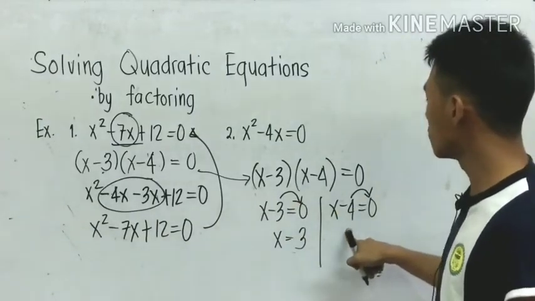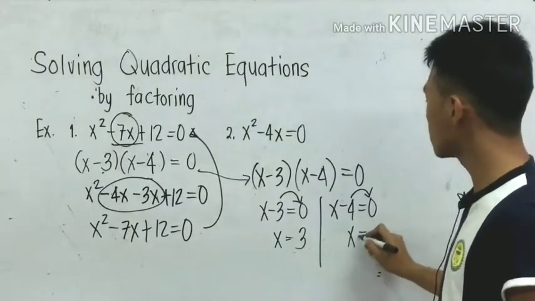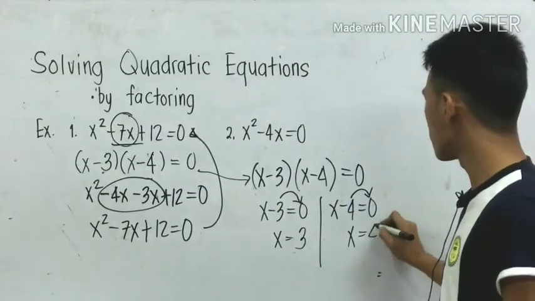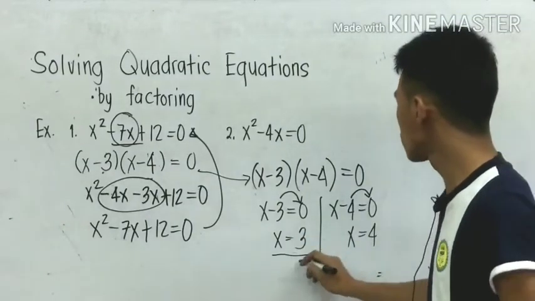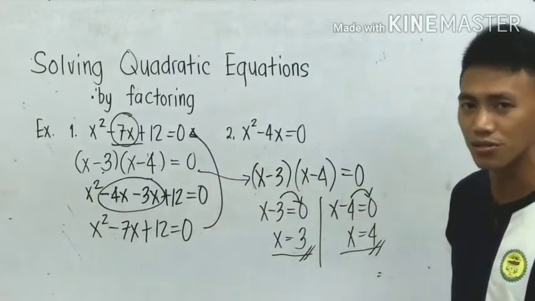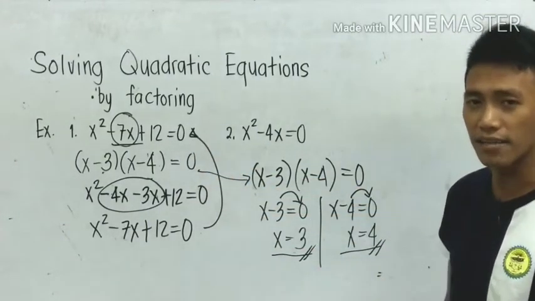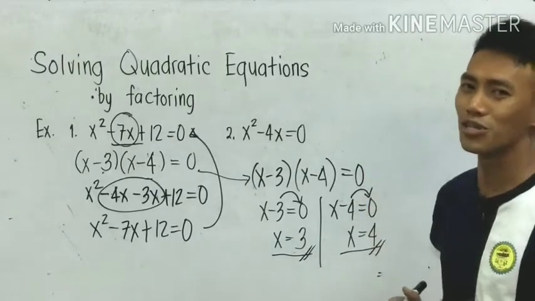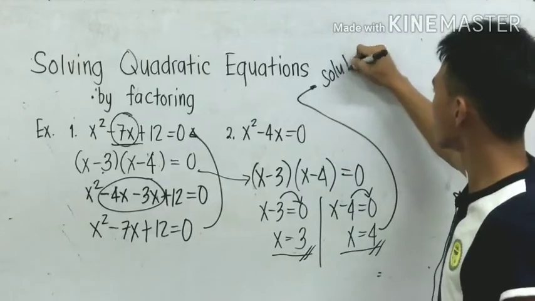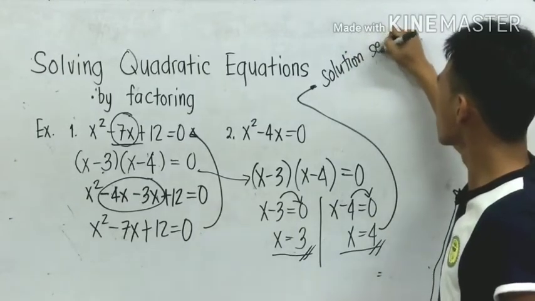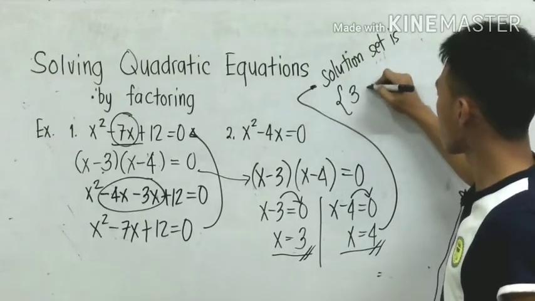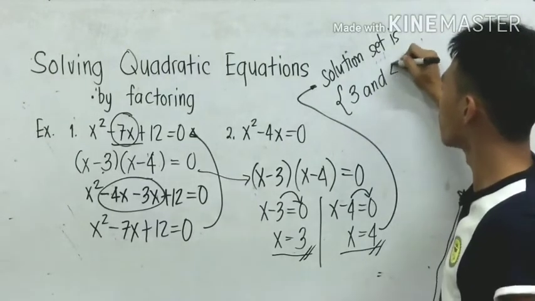And then, ang imuhang pikas nga side, negative 4, nilabang na pud sa other side is positive 4. So, you have two solutions now to your quadratic equation. So, unsay nakalimtan? Ang conclusion. So, the solution set is 3 and 4.